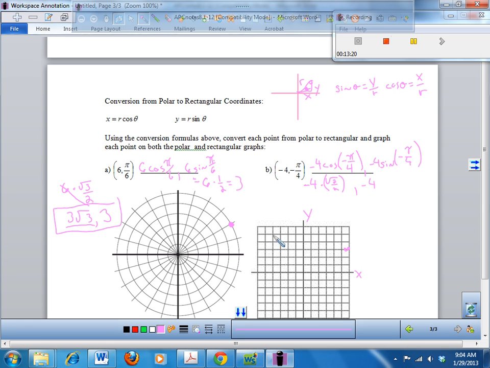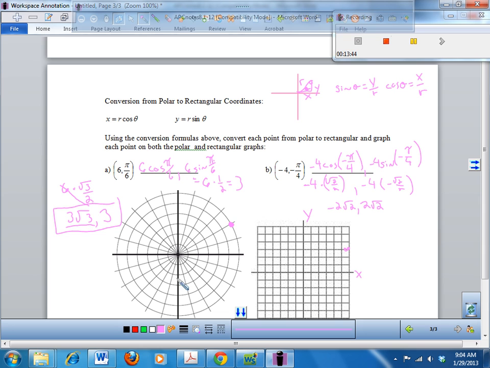Sine is negative in the fourth quadrant. So that would be negative 4 times negative root 2 over 2. So this is negative 2 root 2, and this is positive 2 root 2. Okay?